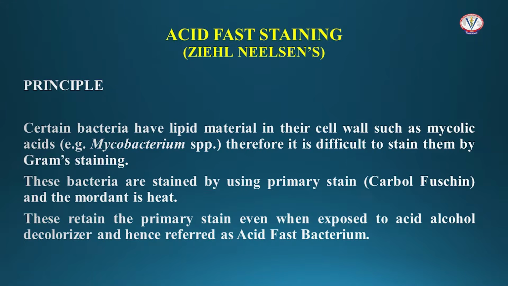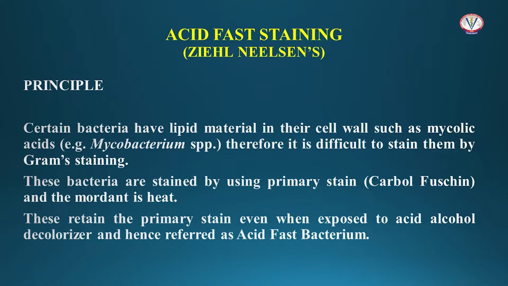Now we are going to discuss the second staining, that is acid-fast staining. This is also another form of differential stain which differentiates bacteria into 2 groups: acid fast, which appear pink or red, and non-acid fast, which appear blue in color. Certain bacteria are known as acid fast bacteria or bacilli.